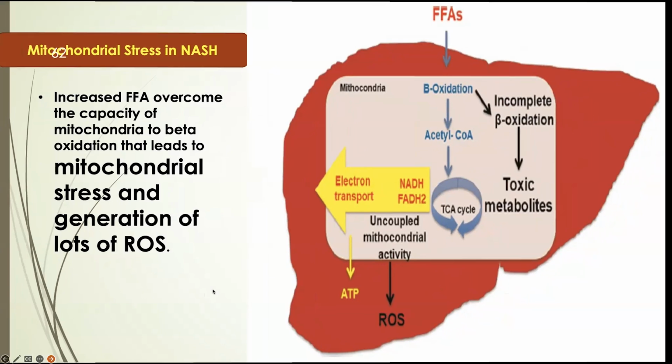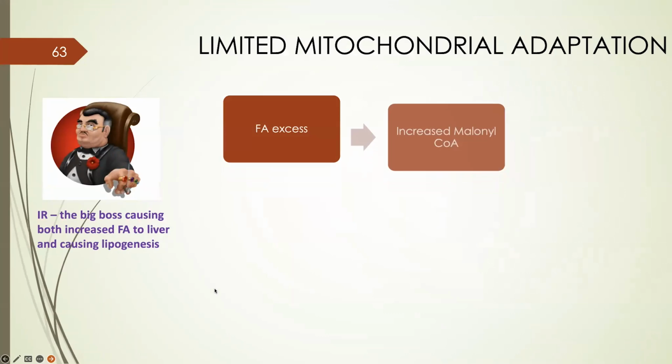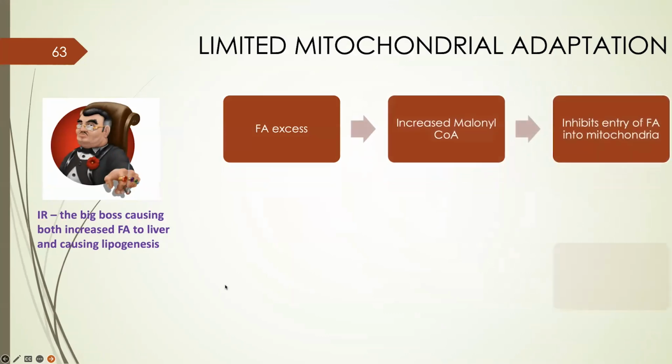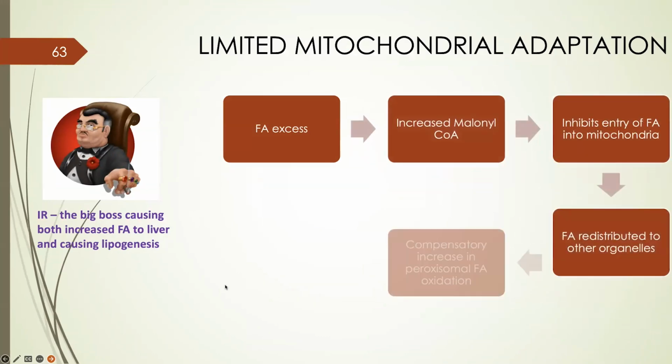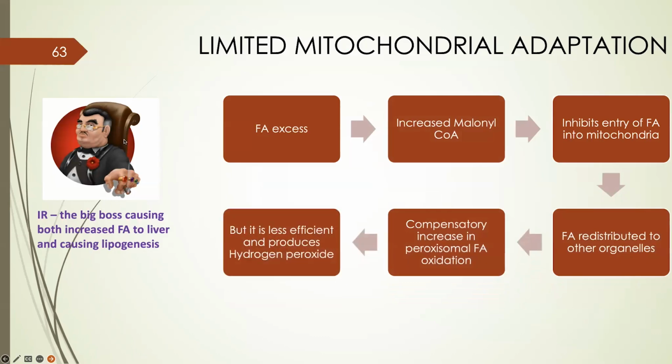In the normal course of events, these reactive oxygen species can be taken care of by anti-inflammatory antioxidants, but not in a diseased liver. In a patient who has persistent insulin resistance, the insulin resistance is the biggest boss which is giving all the instructions. There is excessive fatty acid production. It also inhibits the malonyl-CoA, so that means it prevents the entry of the fatty acid into the mitochondria.